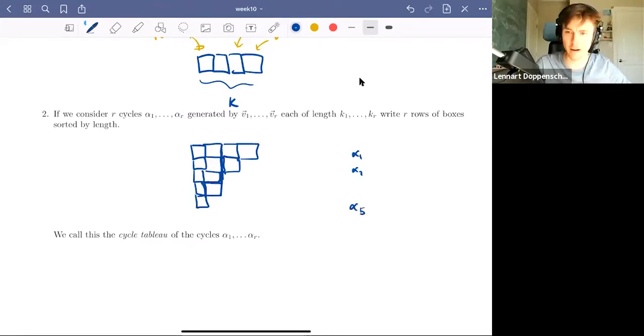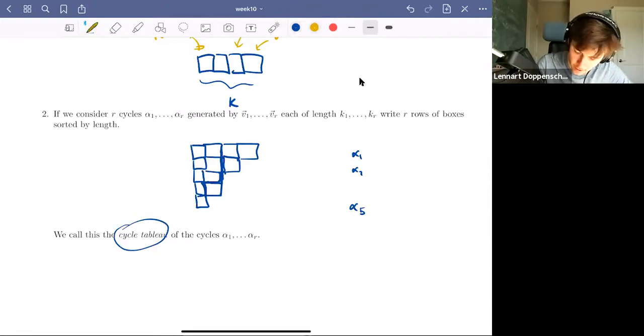So we have 5 cycles here. This is the cycle tableau, which is the name of this representation. And it tells us that the vector v1 sits in here. This represents the vector v2 and so on. This is the vector v5.